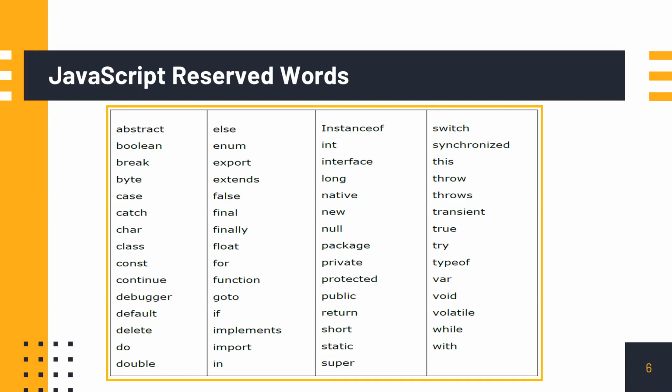These reserved words are abstract, boolean, break, byte, case, catch, char, class, const, continue, debugger, default, delete, do, double, else, enum, export, extends, false, final, finally, float, for, function, goto, if, implements, import, in, instanceof, interface, long, native, new, null, package, private, protected, public, return, short, static, super, switch, synchronized, this, throw, throws, transient, true, try, typeof, var, void, volatile, while, with. Okay, so these are all reserved words in JavaScript.